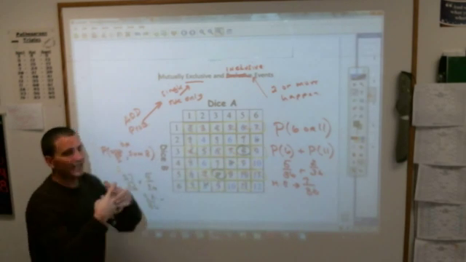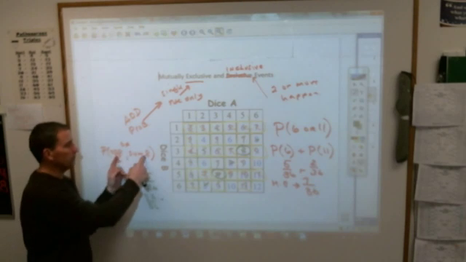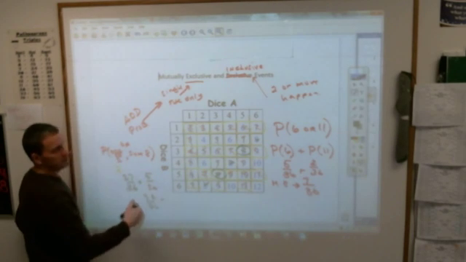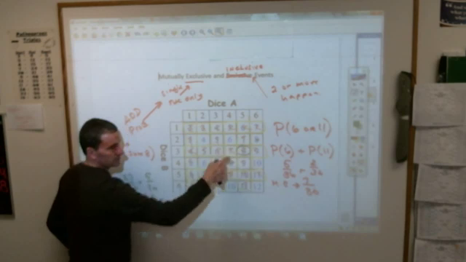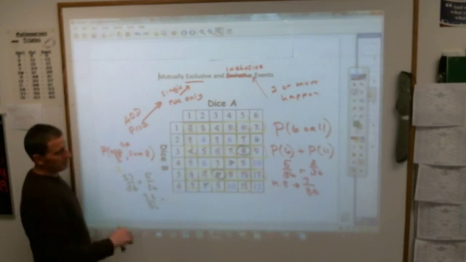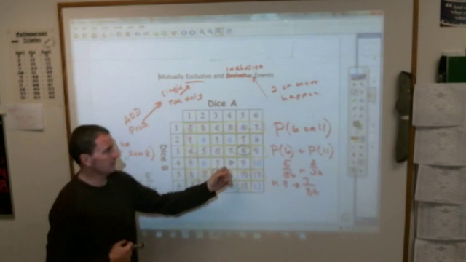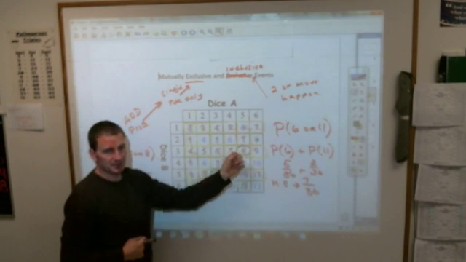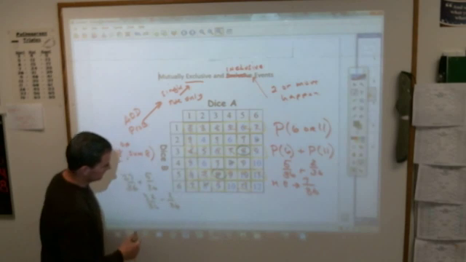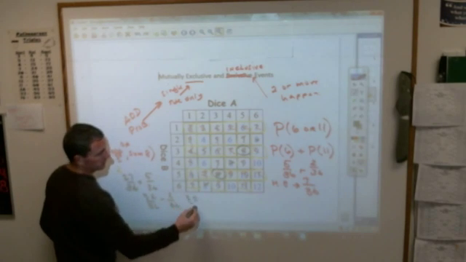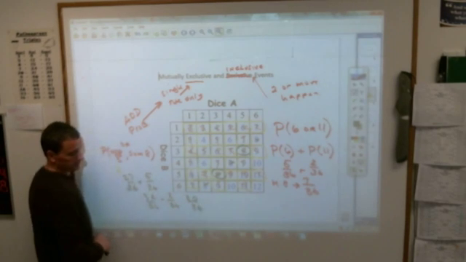When you have overlapping things that happen for both categories, you must subtract the times that both of those happen. So I have to take 2 out of 36 away, because you have to subtract the probability when they both happen at the same time. So my answer actually is 30 over 36.